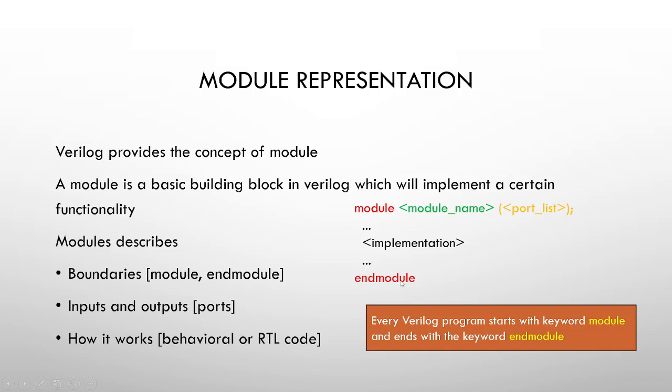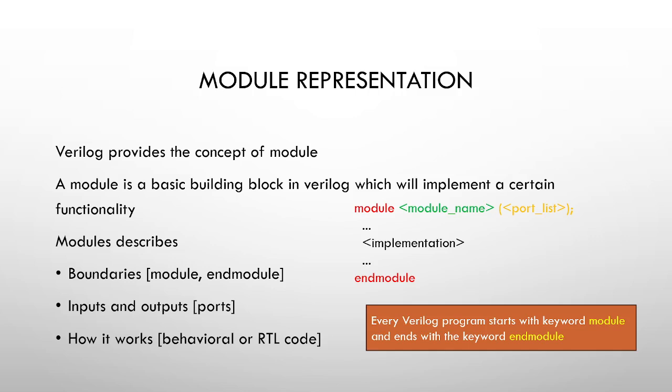Whatever code you want to write in Verilog, you should write everything within module and endmodule. If you write anything after the endmodule, it will throw an error. Every Verilog program starts with the keyword module and ends with the keyword endmodule.